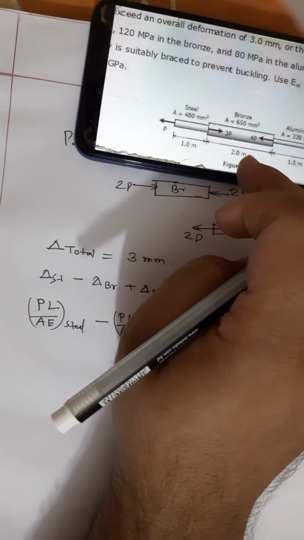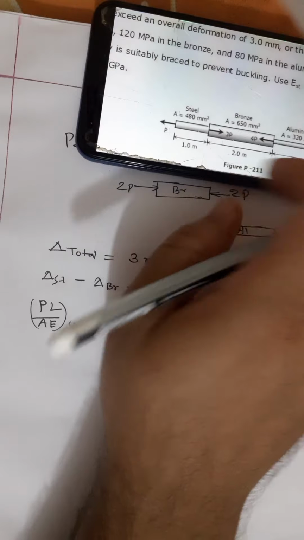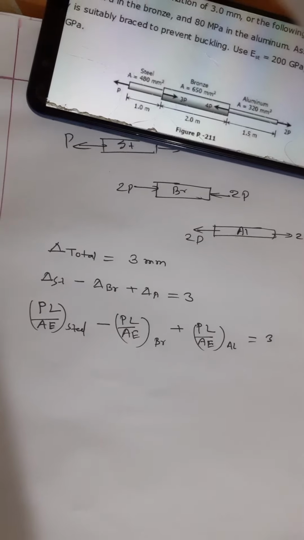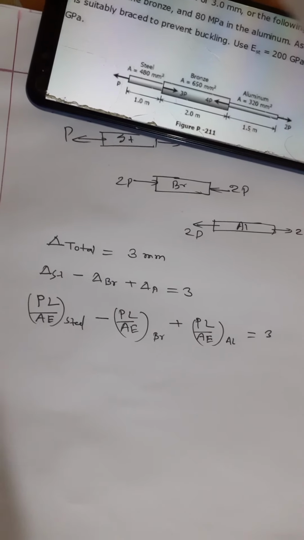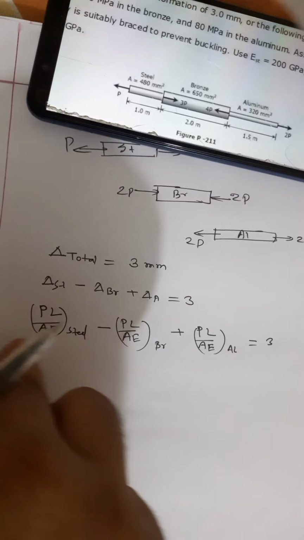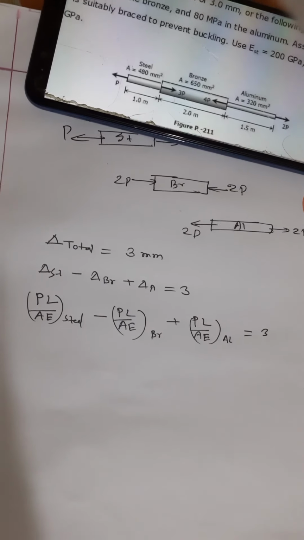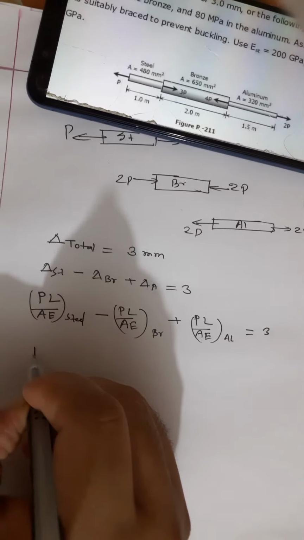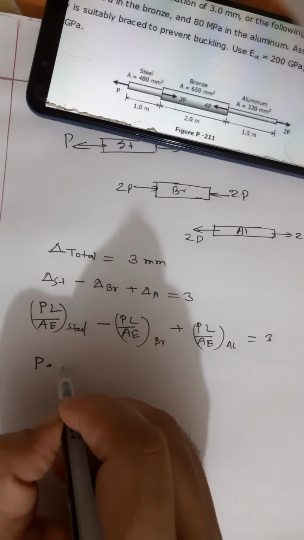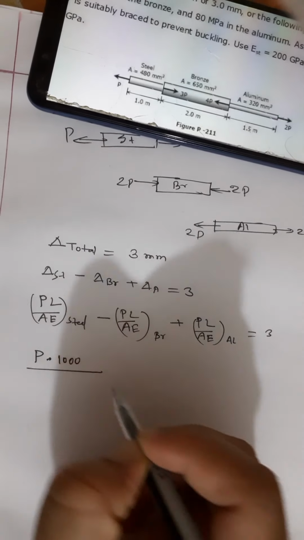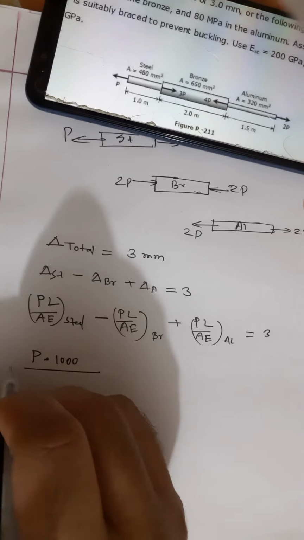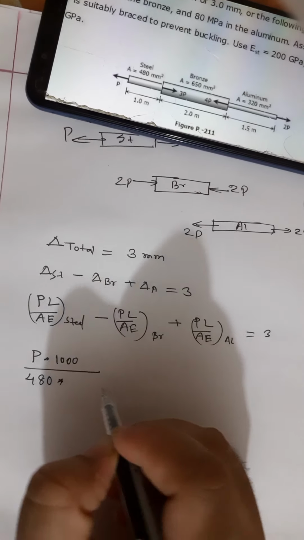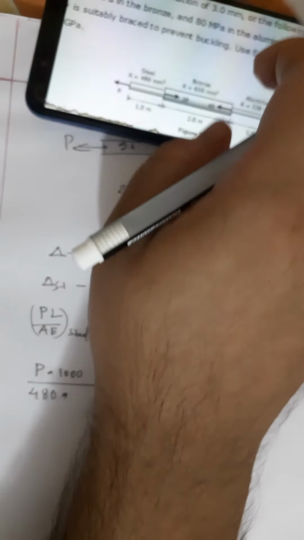Steel is 1 meter, bronze is 2 meter, and aluminum is 1.5 meter. So if we put these values in this equation, and the E values for steel, bronze and aluminum are also given, and the cross sectional areas are also different. For steel, P is P, length is 1 meter, that is 1000 millimeter, everything will be in Newton millimeter, cross sectional area is 480 millimeter square, so no need to convert, and E value for steel is 200 GPa.